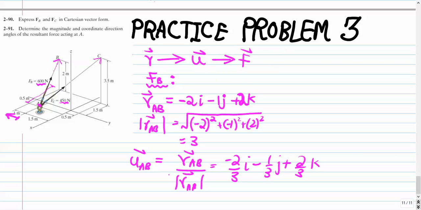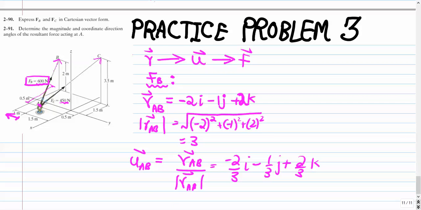So now that we have our unit vector from A to B, we can multiply this unit vector by the magnitude of the force from A to B. And this magnitude of the force is given in the question right here, and this magnitude is 600 newtons.